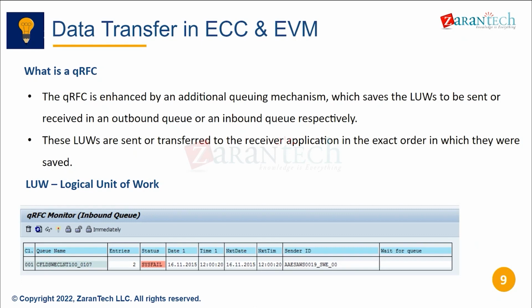Then you have to check the outbound queues of the ECC system, whether any outbound queue is stuck for that inbound delivery number range, or check in the EWM system whether any inbound queue is created for it. These are the T-codes we will use, SMQ2 and SMQ1, to track the updates if something is not updating into the inbound deliveries.